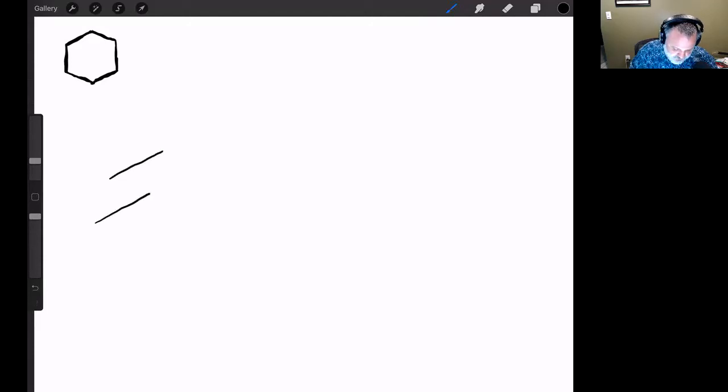Then I'm going to create the back and the footrest, as it were, of the chair by drawing other lines on an angle, like so.